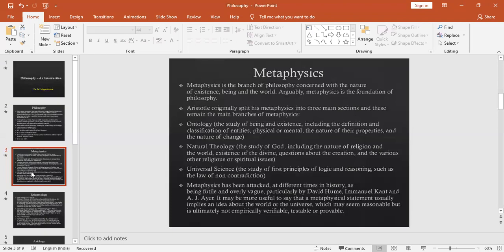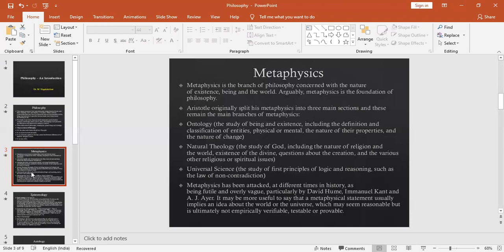And then natural theology. Theology, we know, is the study of God, right? Natural theology is the study of God, including the nature of religion and the world, existence of the divine, questions about creation, and various other religious or spiritual issues. So the first one is ontology, the study of being, the things which we can see.